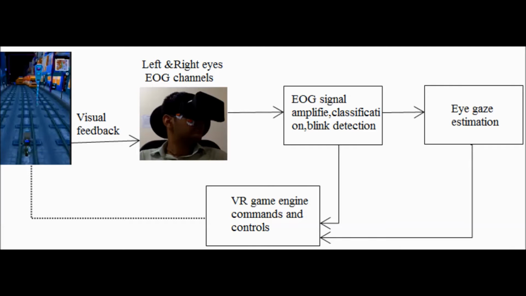Once we have the classifications of different eye movements and the gaze estimation, we will translate them into the control signals for the virtual reality game control, and from there onwards our game object will be controlled based on the blink, double blink, wink, and different gestures of the eyes.